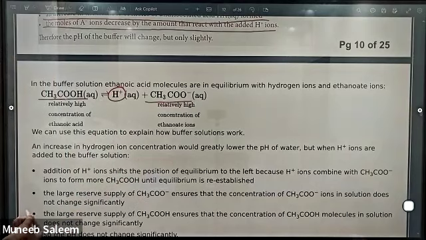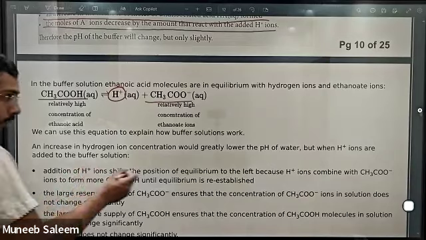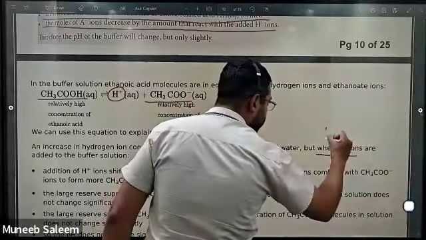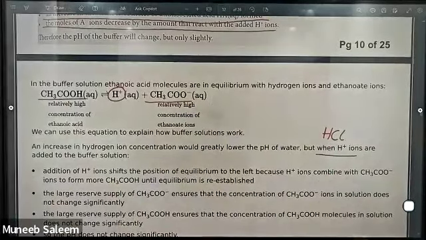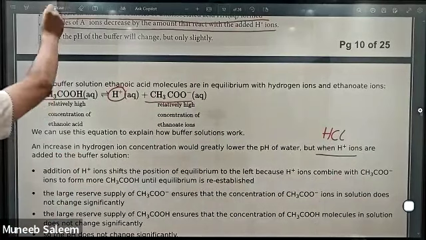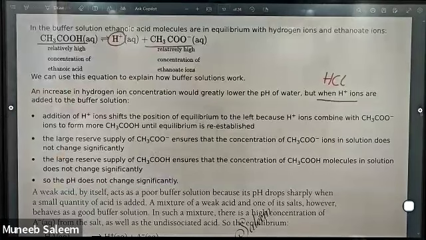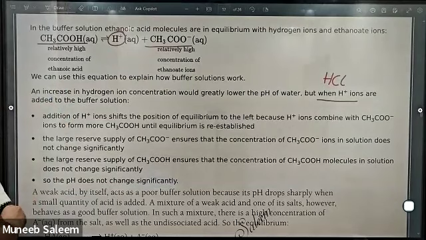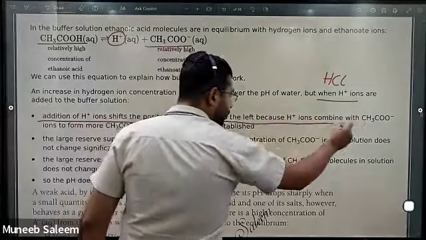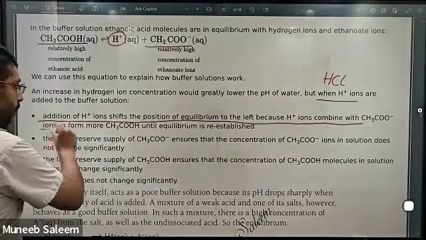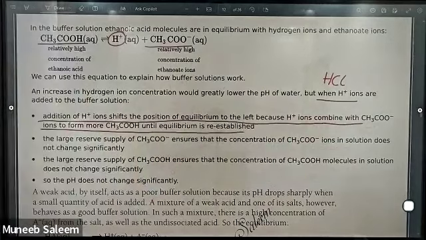An increase in the hydrogen ion concentration would greatly lower the pH of water, but when hydrogen ions from the HCl are added to the buffer solution, they react with the ethanoate ions coming from the conjugate base. The addition of hydrogen ions shifts the equilibrium to the left, because the hydrogen ions combine with the ethanoate ions to form more ethanoic acid until equilibrium is re-established.